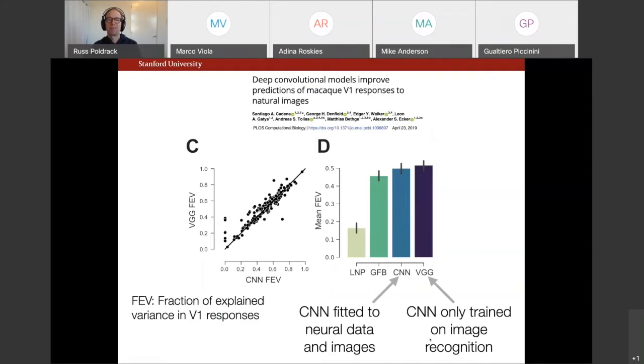So you don't even need to know anything about what neurons are doing. All you need to know is how a convolutional neural network solves the image recognition problem. That allows you to predict the activity of neurons in the brain, in this case in V1, just as well as a model that's purposely trained to predict neural activity.